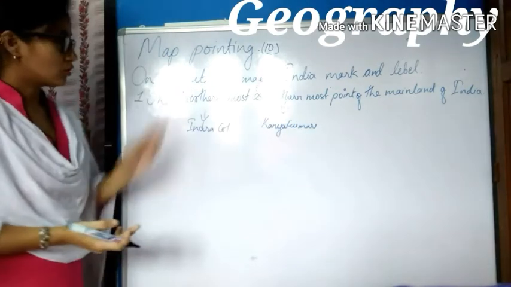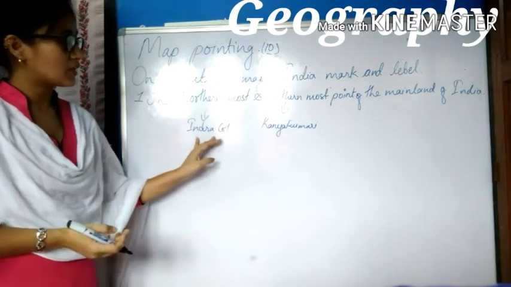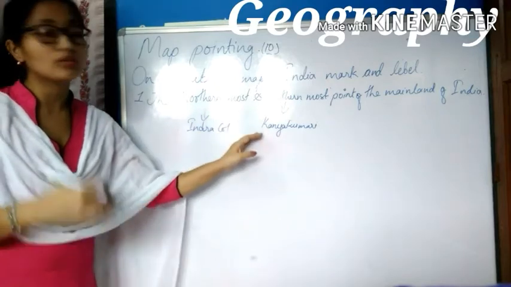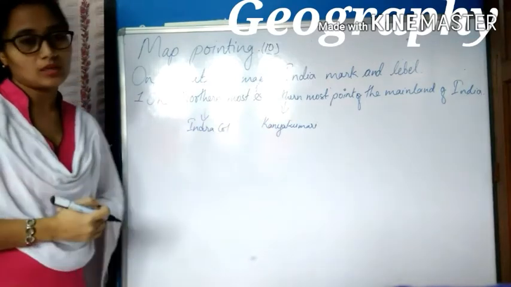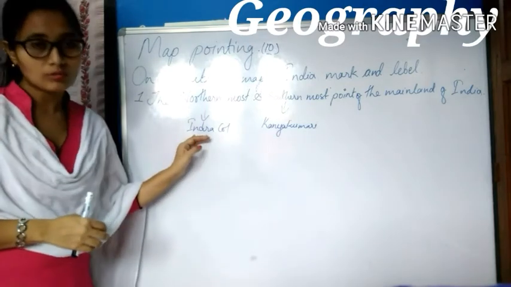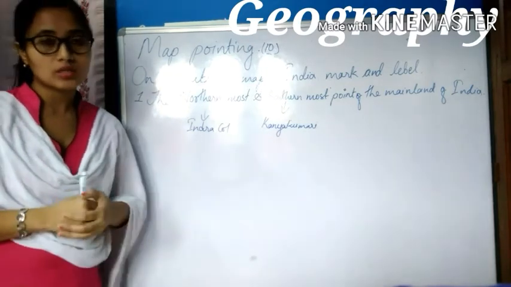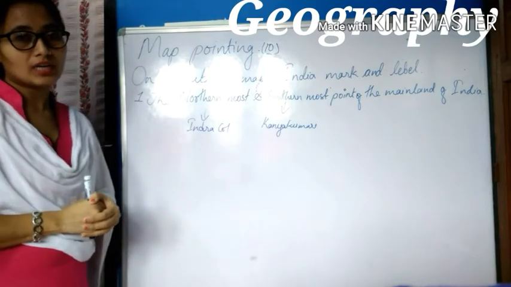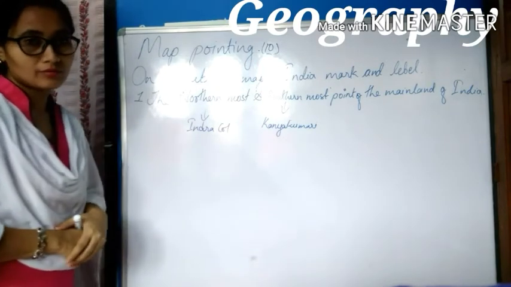So the northernmost point of India is Indrakol, and the southernmost point of the mainland of India is Kanyakumari. Today we will plot them in the outline map of India.